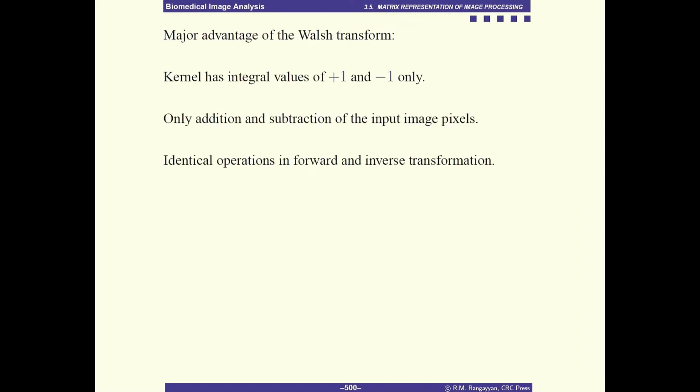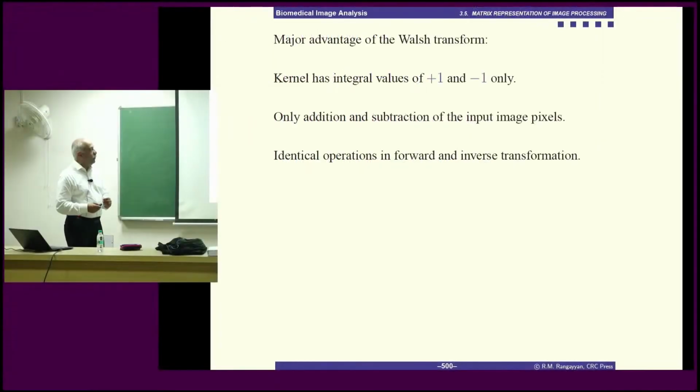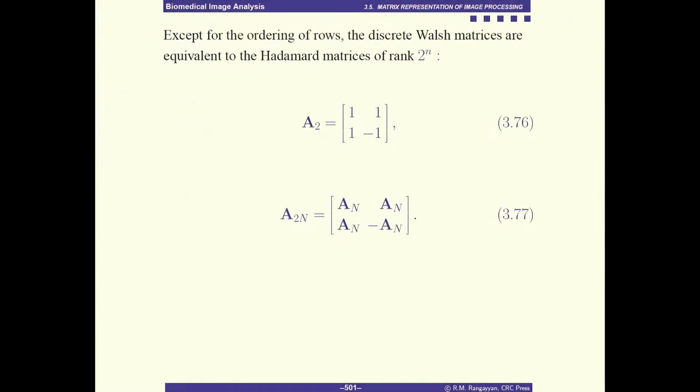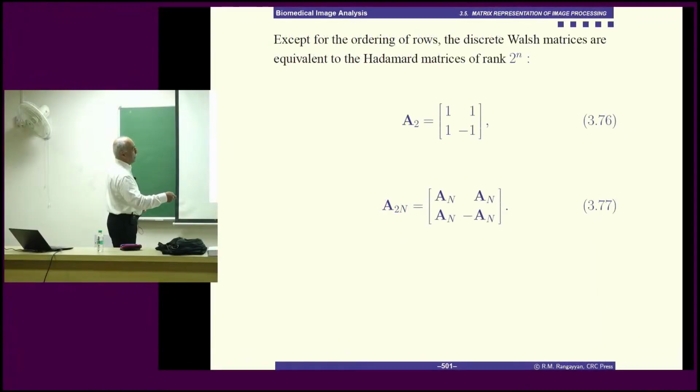The major advantage of the Walsh transform is that the kernel has only plus and minus 1 values. Addition, subtraction. Identical operations in forward and inverse transformation. So except for ordering of the rows, the discrete Walsh matrices are equivalent to the Hadamard matrices of rank 2 to the power of n. A2 is 1, 1, 1, minus 1, and A2n is An, An, An, minus An.